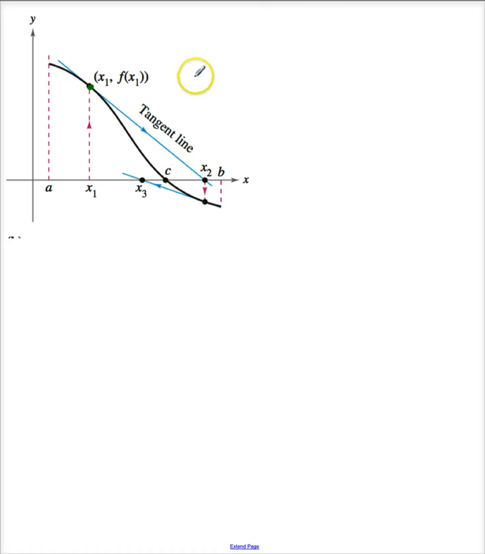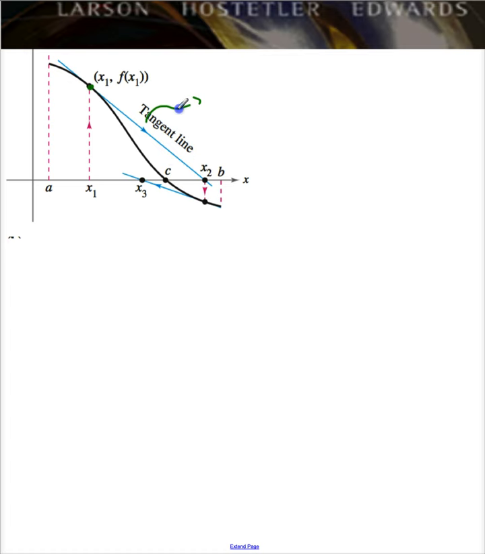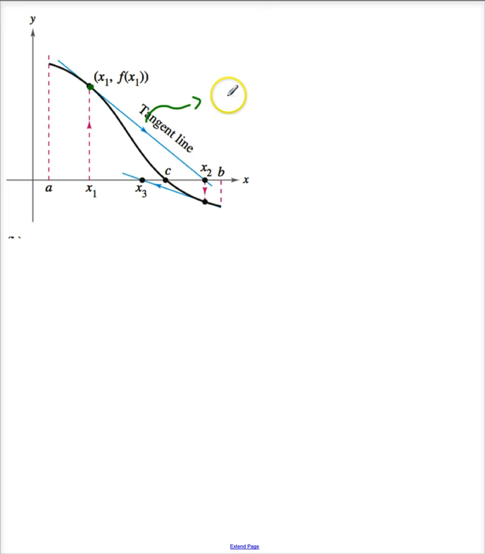Now, what is the equation of this tangent line? Well, you know that the equation of the line is going to be y minus f evaluated at x1, and that's going to equal the slope at x1 times x minus x1.